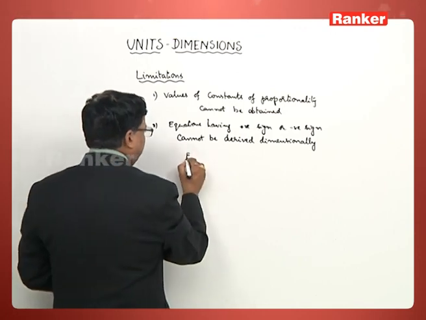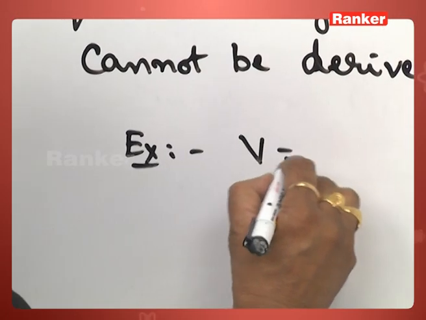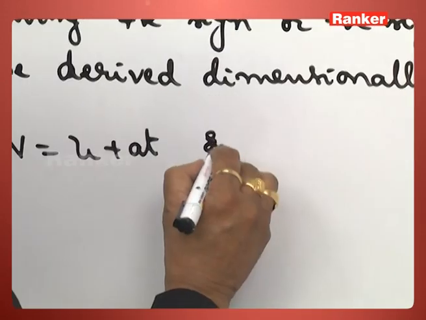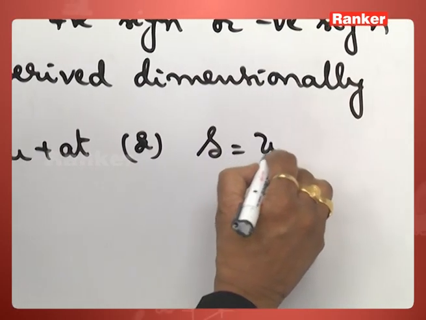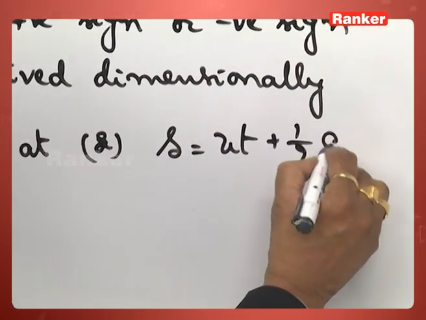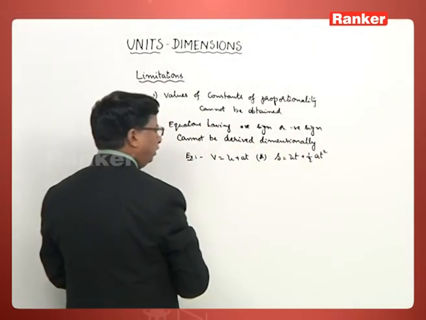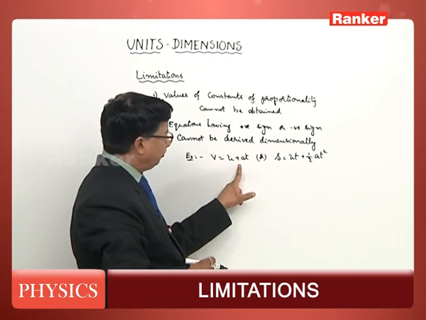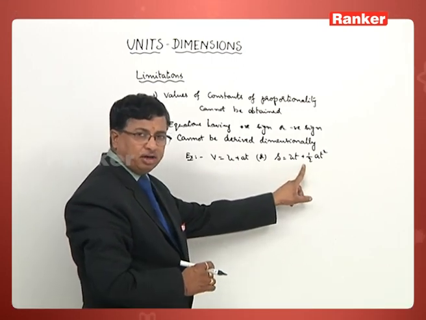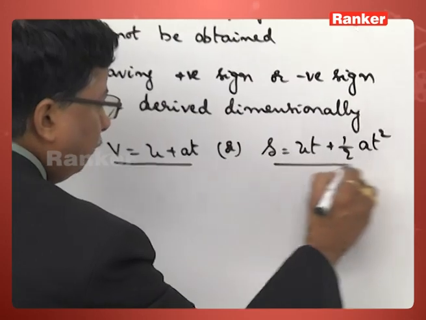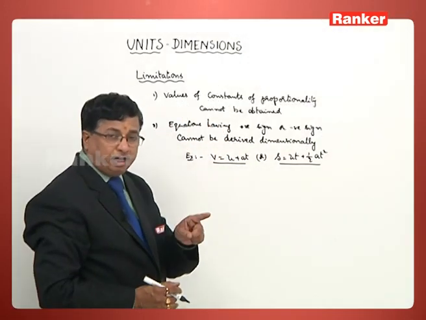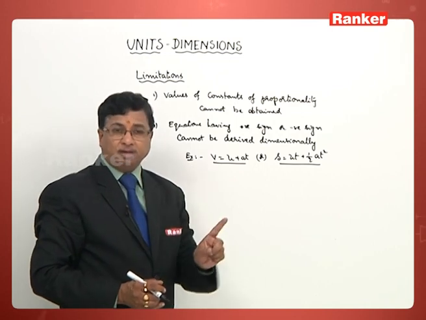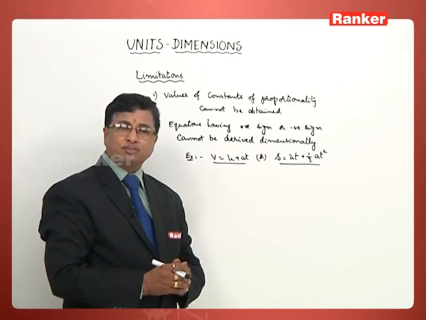For example, if I consider V is equal to U plus AT, or you can even take the other equation like S is equal to UT plus half AT square. If you look at this equation, there is an addition sign here. There is another addition sign over here. So, such equations can be verified using dimensional analysis, but cannot be derived using dimensional analysis.